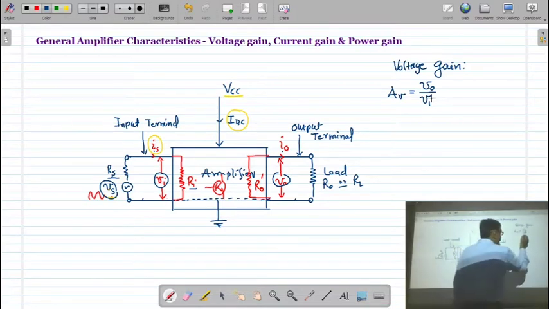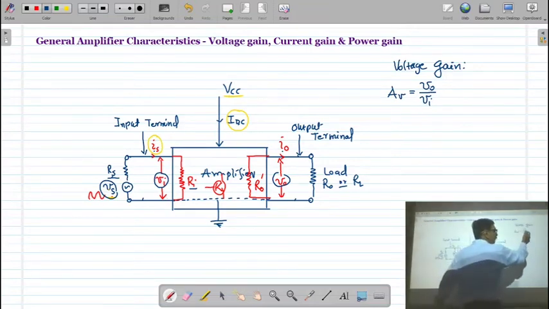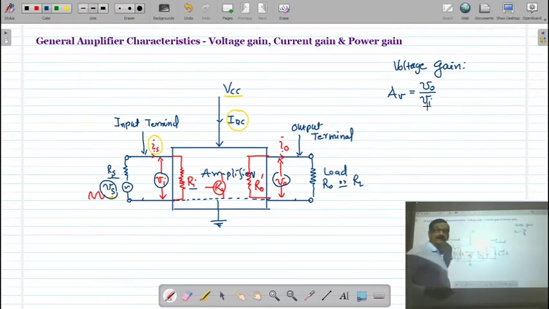But remember, is the ratio I have mentioned correct or not? You cannot take a ratio of the instantaneous value of the output voltage to the instantaneous value of the input voltage. Why?